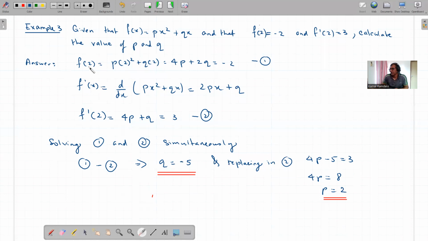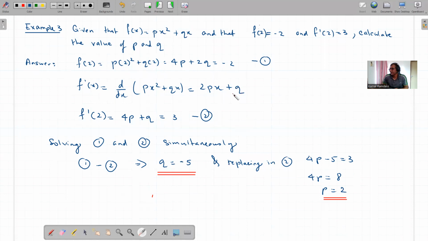OK. F of 2, on remplace 2 là-dedans. P fois 4 plus Q fois 2 is equal to 4P plus 2Q. 4P plus 2Q is equal to minus 2. Et f prime de x, c'est 2px plus q.